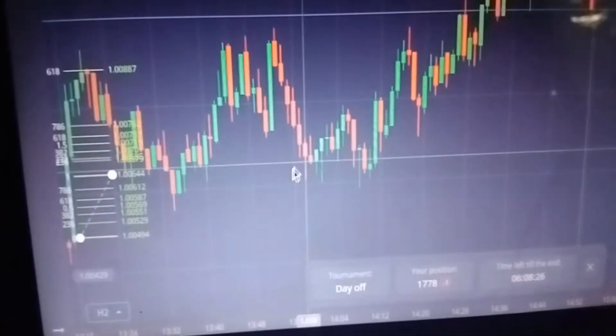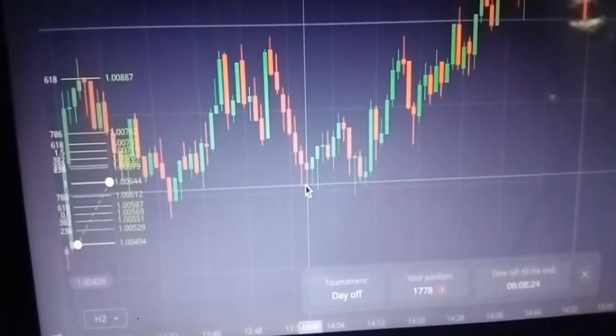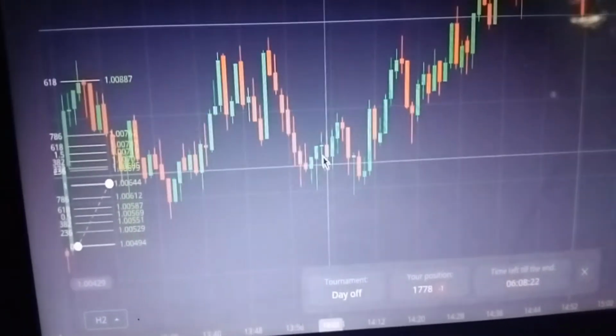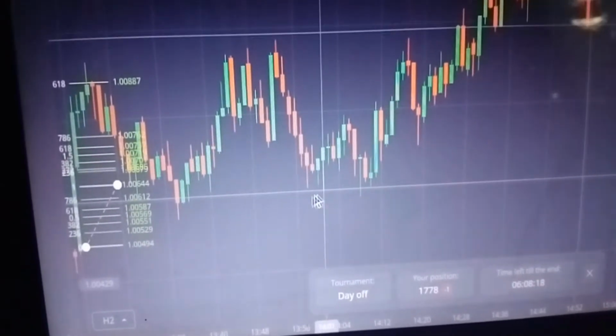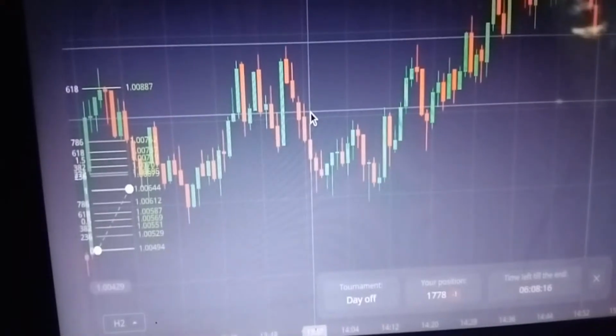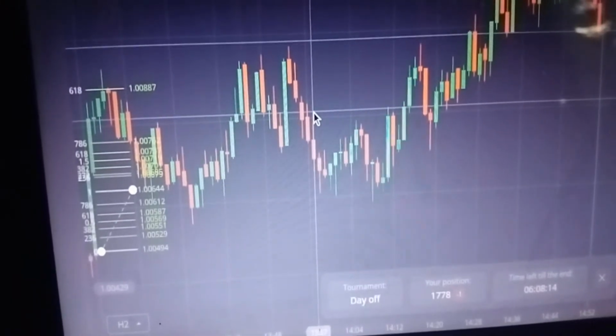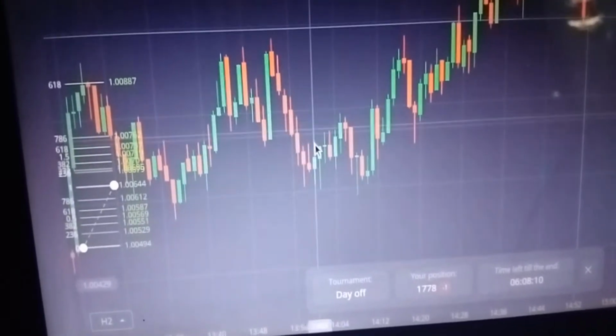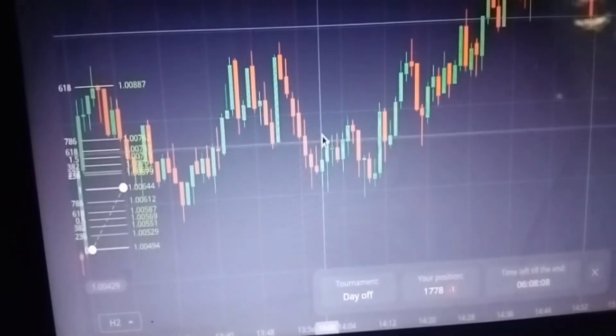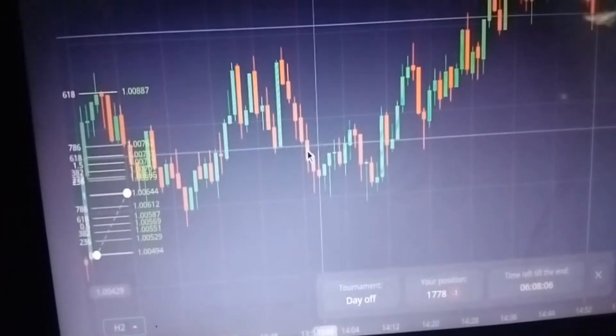So this will be this one to this one until that one broke it down there, swing low now. So this will be this one to this one to this one, and then we have a swing high here.